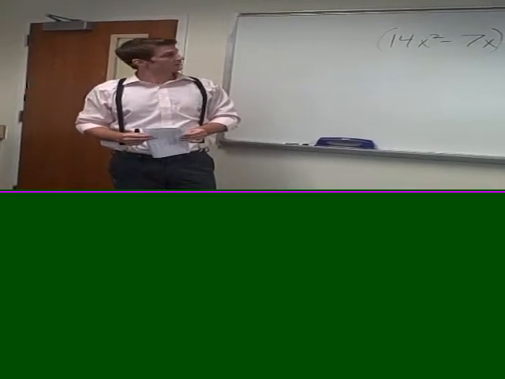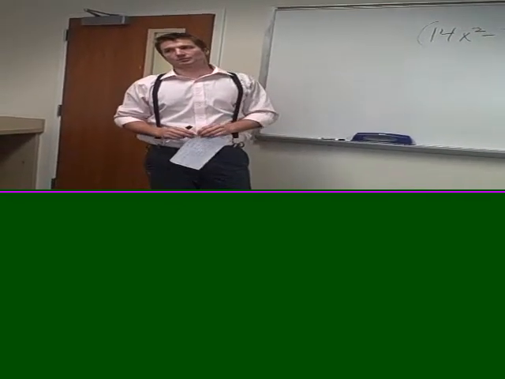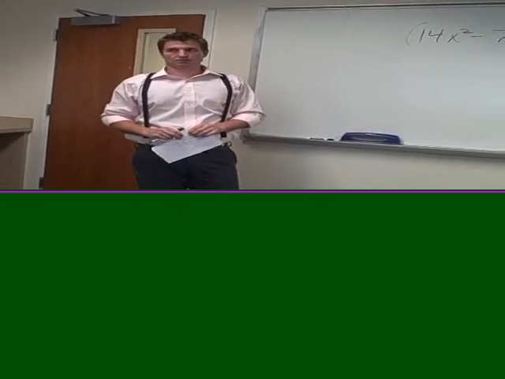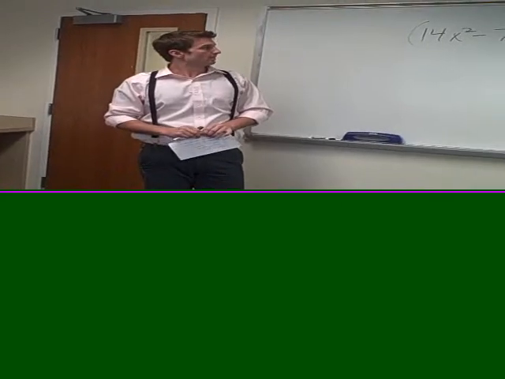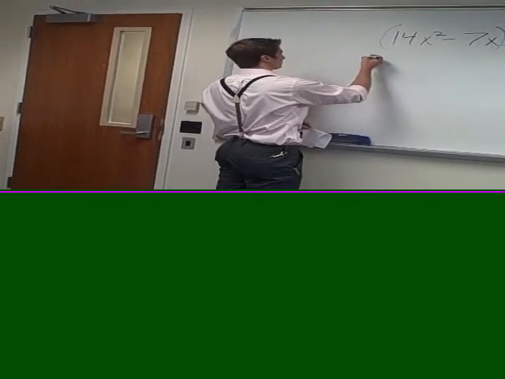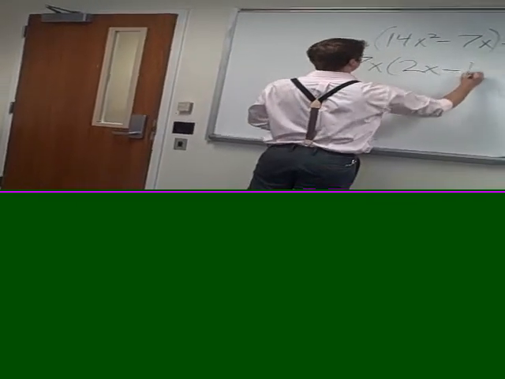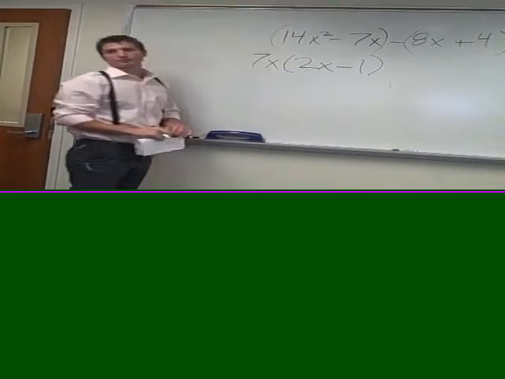Who sees what the greatest common factor of the first part is? Jonathan? 7x. Right. So if we pull 7x out, what's left? 2x minus 1. Right. What about the second part?